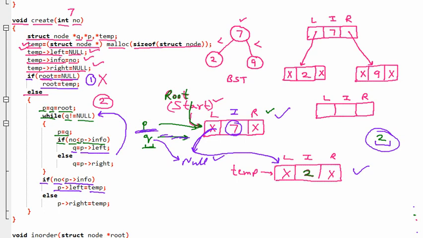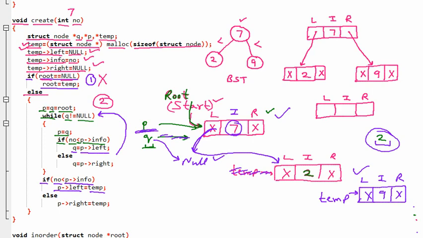Now assume that there is some other node present here, and this node is maybe 9, which has the left, info and right, and is also containing null, and now the temp is not pointing to the earlier node. Let us suppose the temp is pointing to this node. Now what will happen?